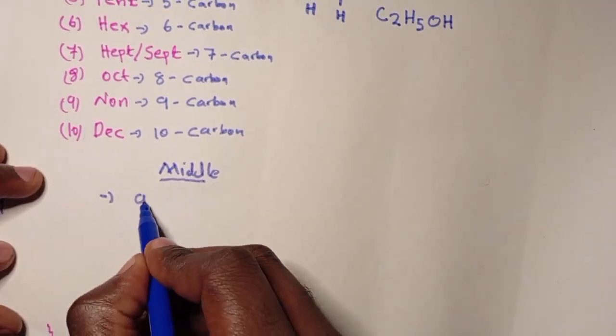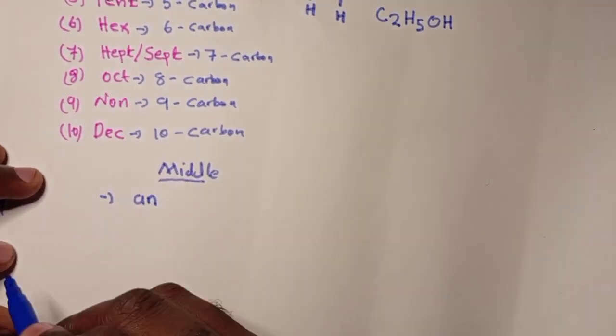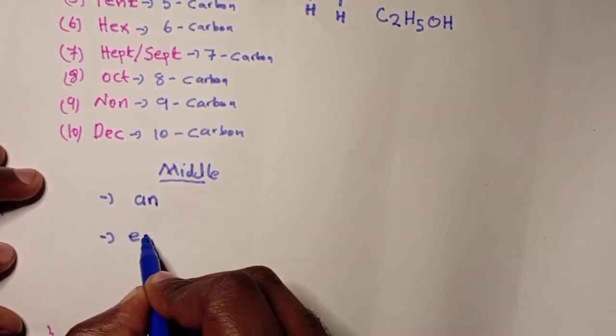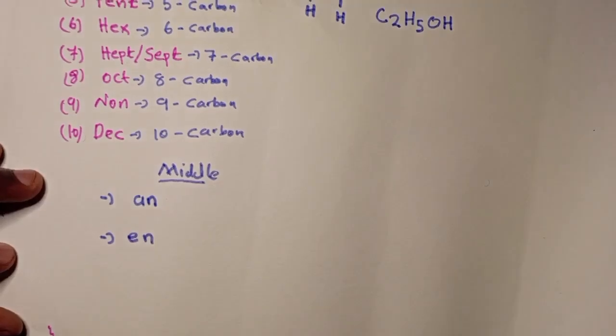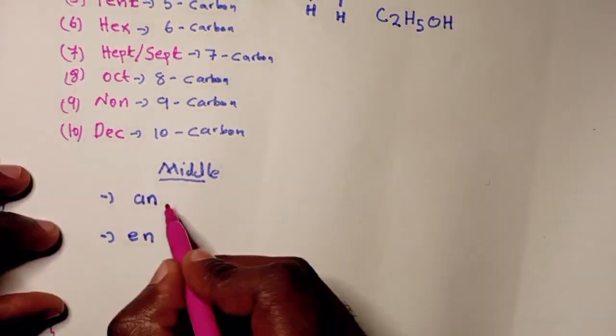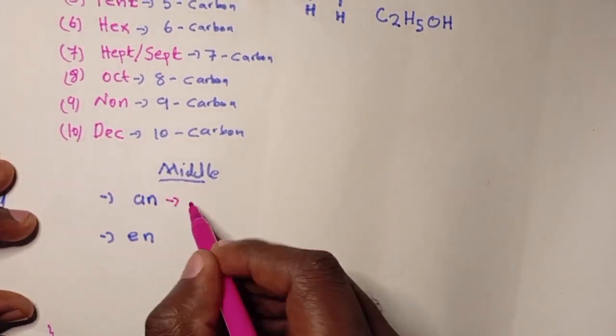It is just an. Also sometimes you can see en. Just these two are found on the middle. Okay, just these two, they are found where? On the middle. Now what does an simply mean?